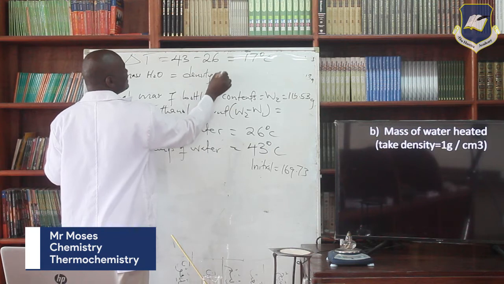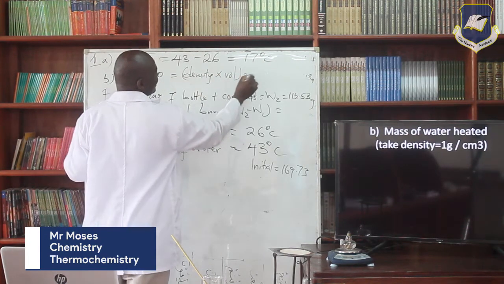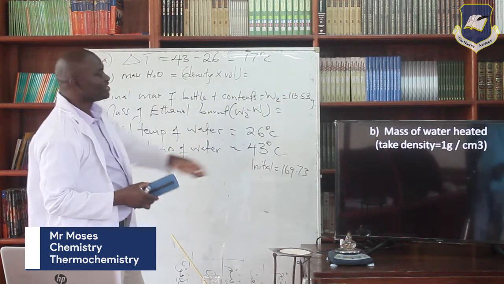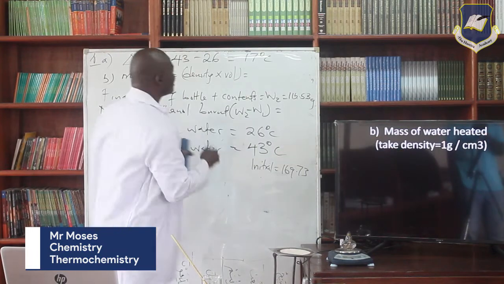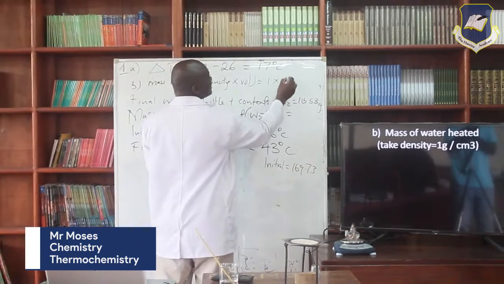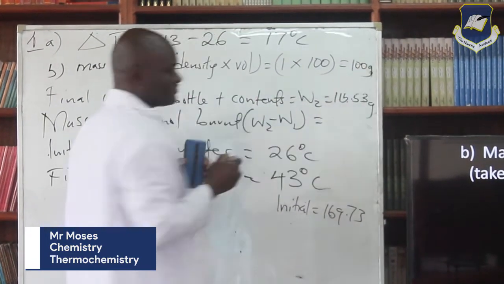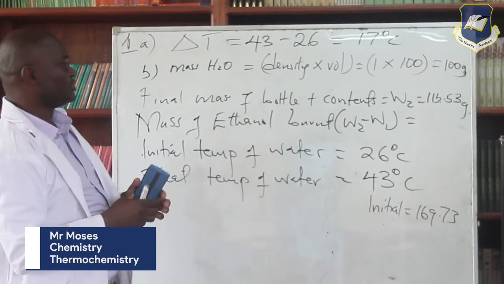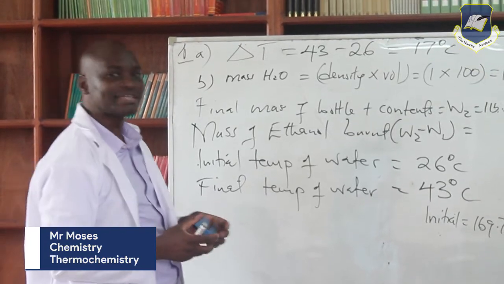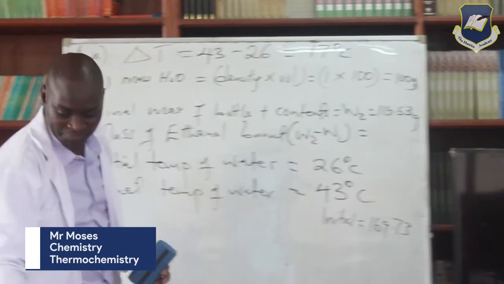Density of water, last time we said, is 1 gram per centimeter cubed. So it is 1 times the volume of water, which is 100. We get 100 grams of water. So question B, the mass of water heated, taking density to be 1 gram per centimeter cubed, will give you 100 grams of water.